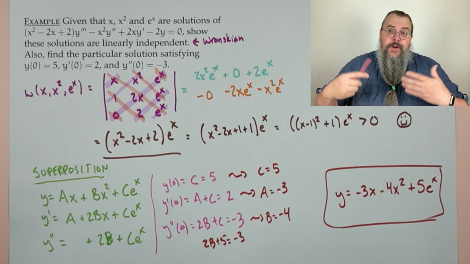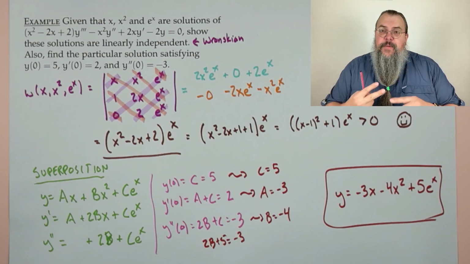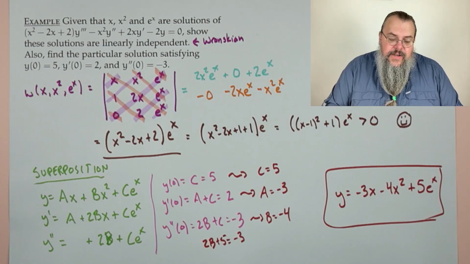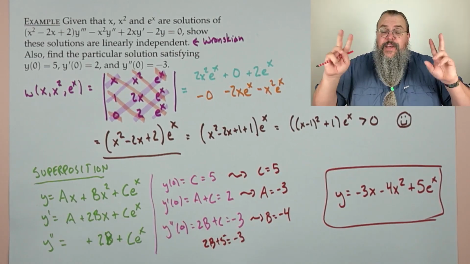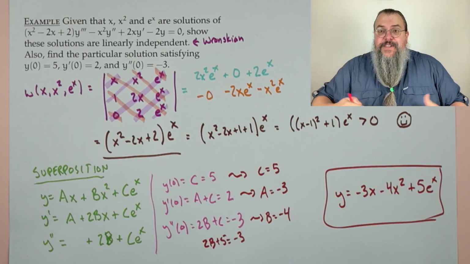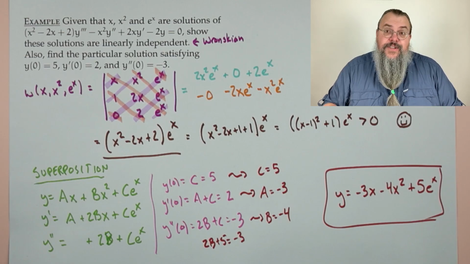So with our basic tools, we can test for linear independence, we can use superposition, we can solve for our constants. And on a side note, when you use superposition here, you always end up with a system of linear equations. And so that's why we stress so much the importance of learning linear algebra, because it does show up quite frequently as we go on in math.